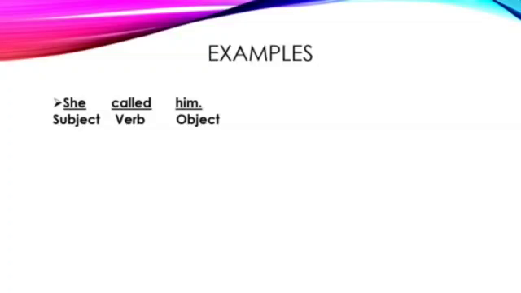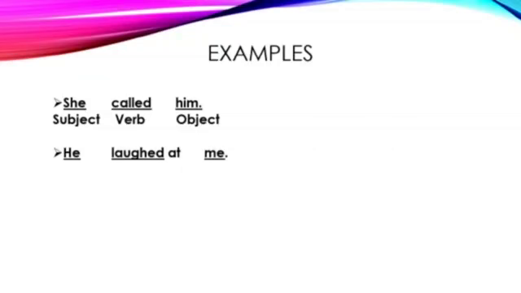So this thing you must remember, that immediately after the verb objective case is used. So we have used him here, we have not used he. We cannot say she called he, right? So let's see another example.